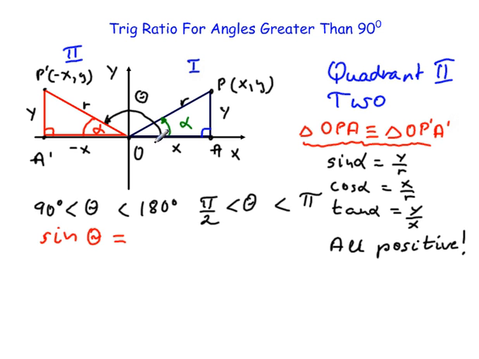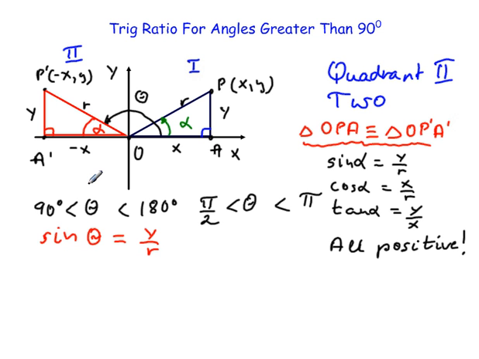So the same ratio will be used as the ratio for angle alpha to find the ratio for the angle theta. So sine is defined as opposite over the hypotenuse. So this is y. We'll say y over r.